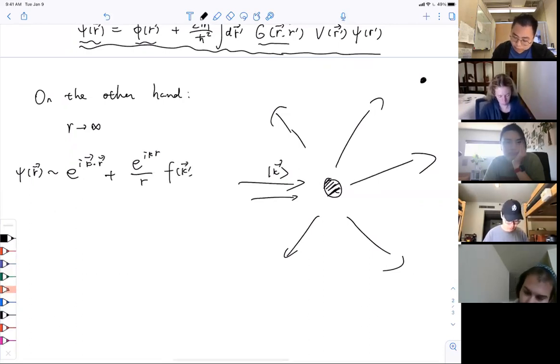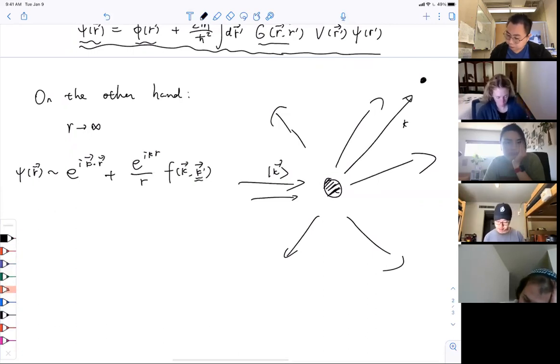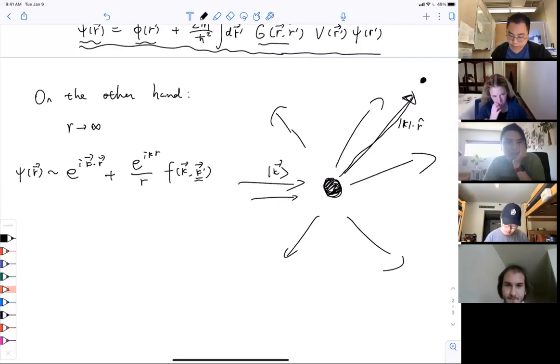So k and k prime. K prime is nothing but k, the magnitude of the momentum, times r hat, pointing from the scattering potential to the point we're looking at.